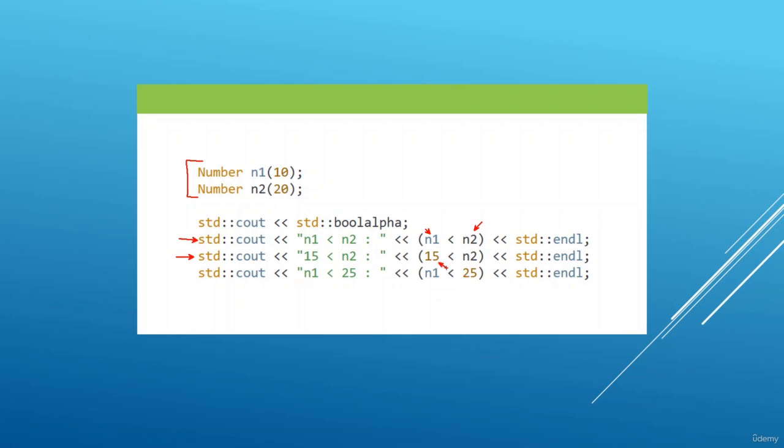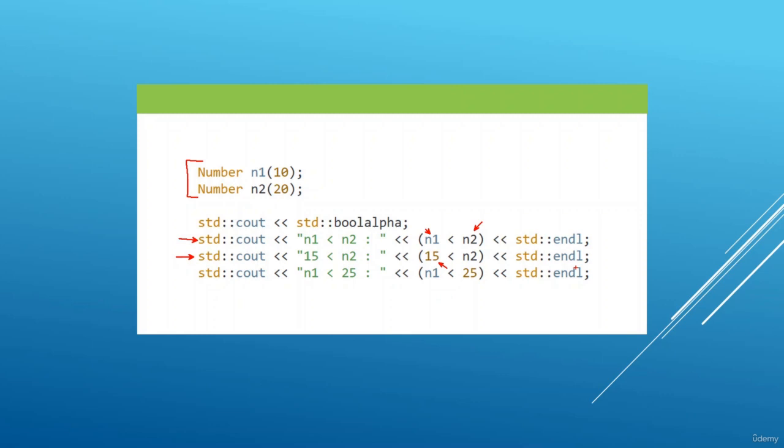The problem is going to come if we try to do the second statement here. The first operand is not a Number object, it is just a literal 15, and we want to compare it with n2. Suppose this is code we want to work in our program, because we know we can convert a literal int to a Number since we have a constructor that can do that. The only problem is that the constructor is explicit, so we can't use it in an implicit conversion.